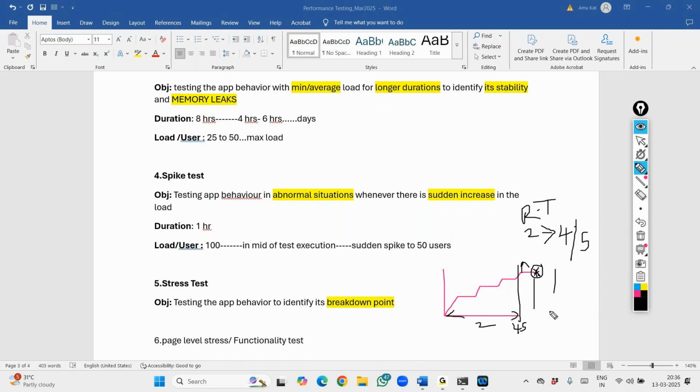Or whenever you see your CPU reach 100%, or the memory graph reach 100% and it is not coming back to normal. Let's consider this is CPU and this is the memory graph.